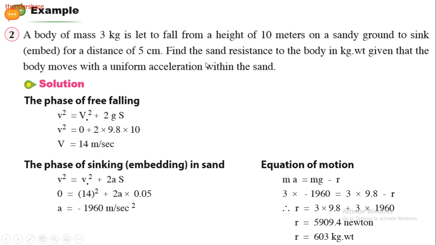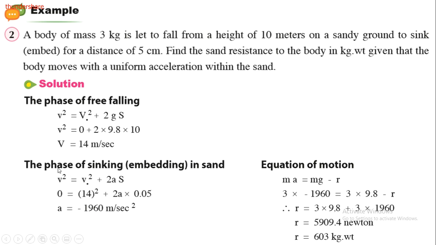However, Newton's second law will appear after it crosses 10 meters. The body is let to fall from a height of 10 meters on a sandy ground. Of course, there is a resistance inside the sand. For a distance of 5 centimeters, this means that it is stopped at the end.